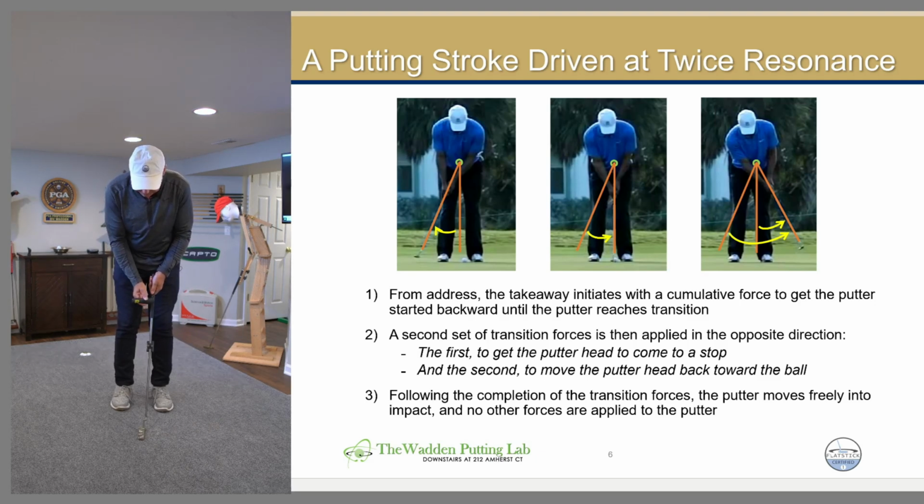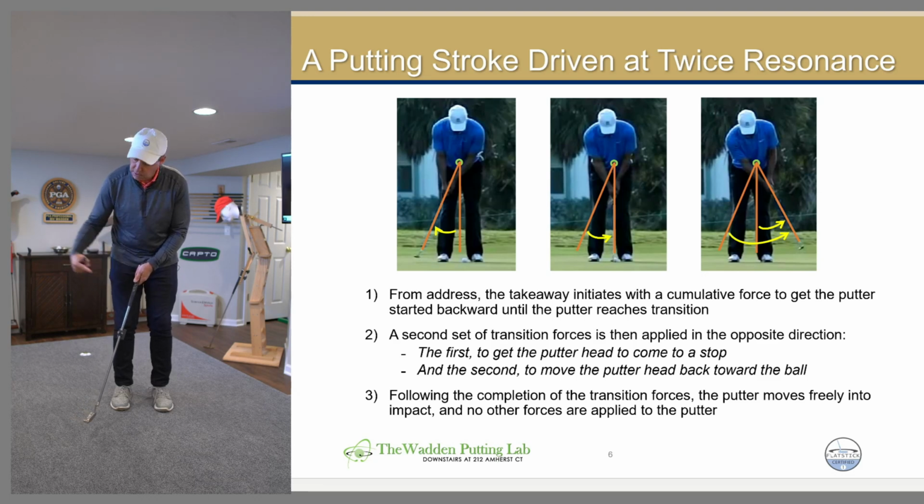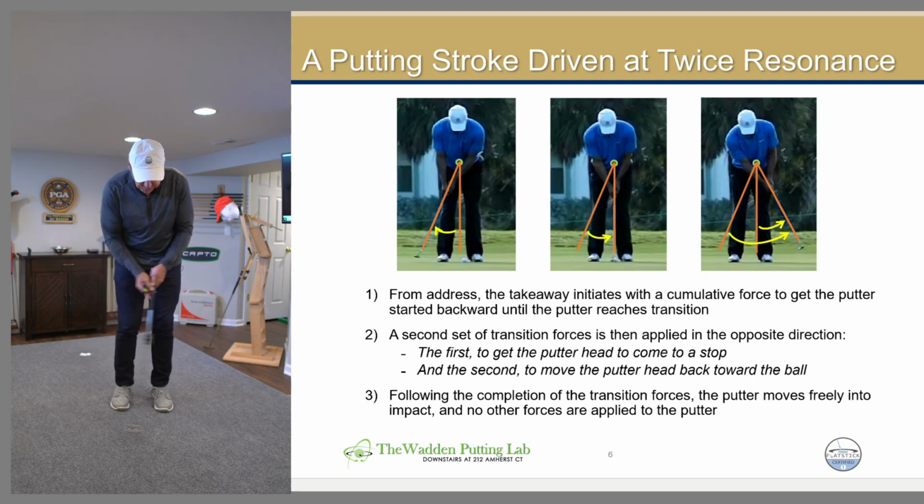And we have to create enough cumulative takeaway forces, and then after that, create two sets of transition forces. The first force to slow the putter head down so it comes to a stop, and then we need to keep those forces going back in the direction towards the target so that we can get the putter head through the ball and all the way to our finish.